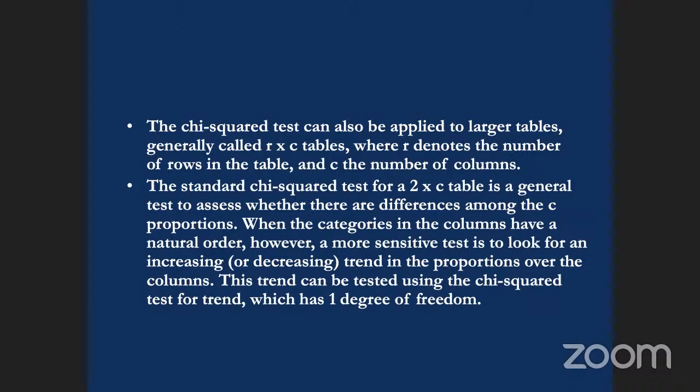When the categories in the columns have a natural order, a more sensitive test is to look for an increasing or decreasing trend in the proportion over the columns. This trend can be tested using the chi-square test for trend, which has 1 degree of freedom.